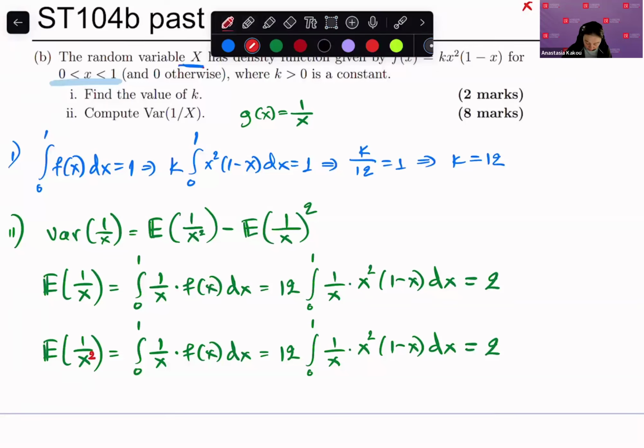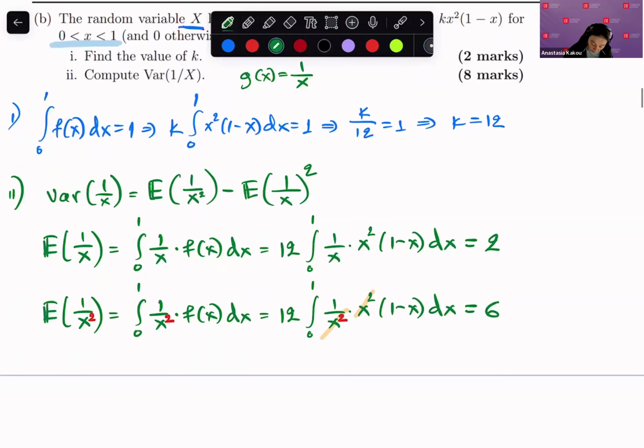So for 1 over x squared, I have an x squared here and x squared there. Again, doing the integration, you can see that these two will cancel out, so you have an easier integral to do. That will give you 6.